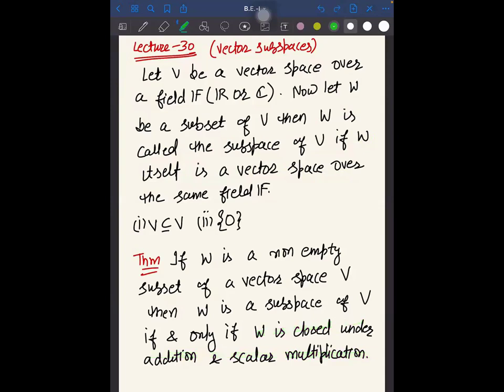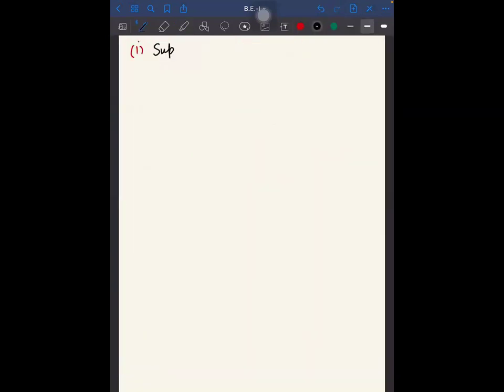So see how it works. It's an if and only if condition. Suppose that W is a subspace of V. What do you mean by subspace? What should be the qualification of W to be a subspace by definition?